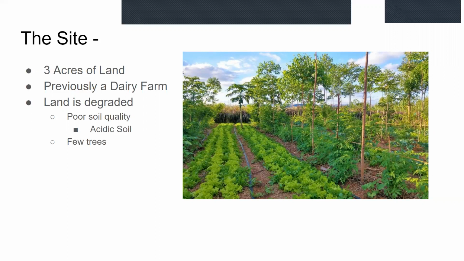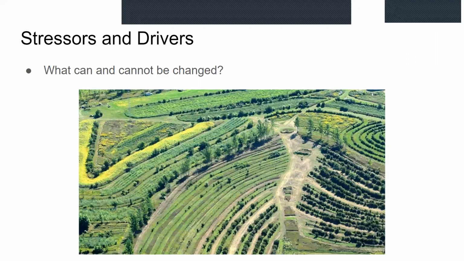Some of the stresses and drivers, which I started to get into in the last slide, include, so the stressors include the way the pine trees are set up.